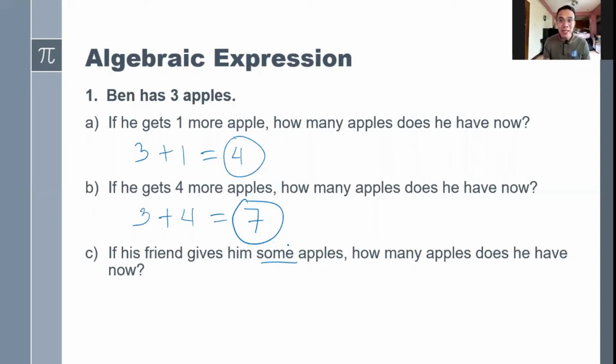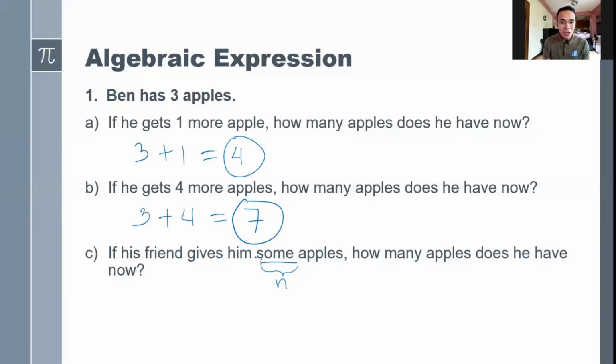We don't know yet the number of apples. So what we are going to do is we can represent this with something else using a symbol. Let's say this is N.